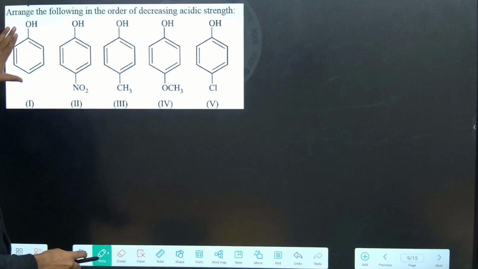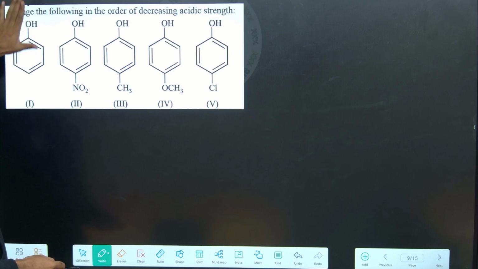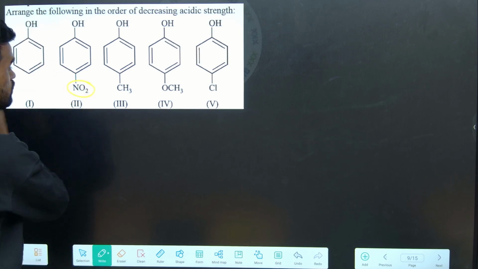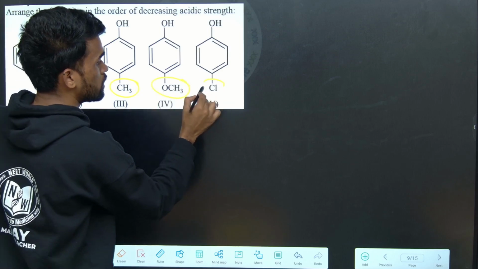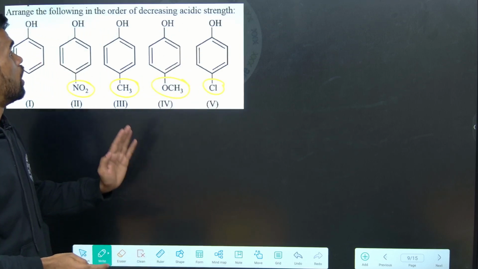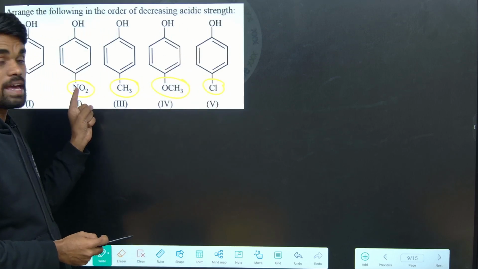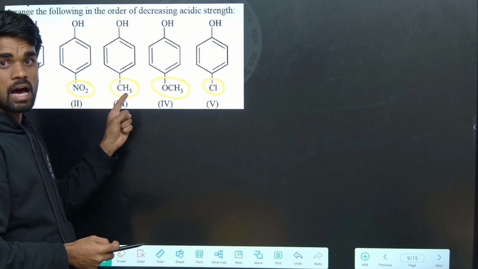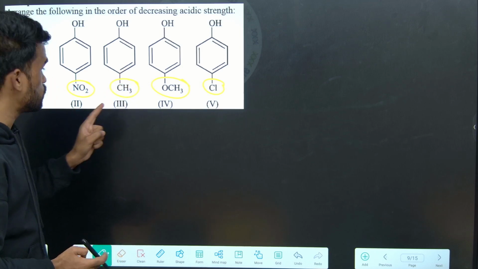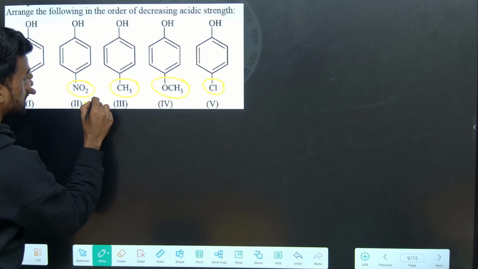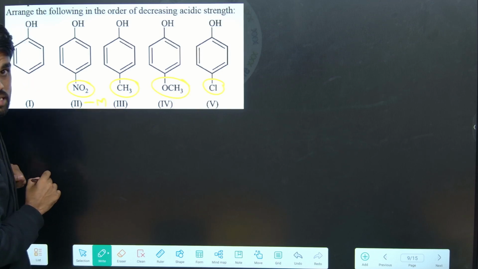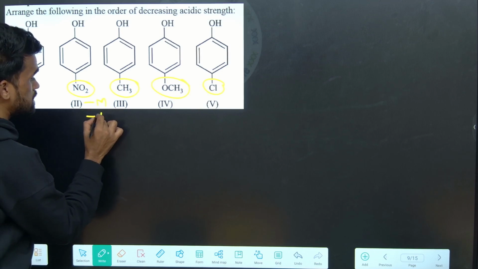So now here we have just simple phenol, and here phenol with a nitro group at the para position, and here one alkyl group, a methoxy group and one chlorine. We know this nitro group is an electron withdrawing group and these alkyl groups are electron releasing groups. The nitro group will show minus M effect and also minus I effect.